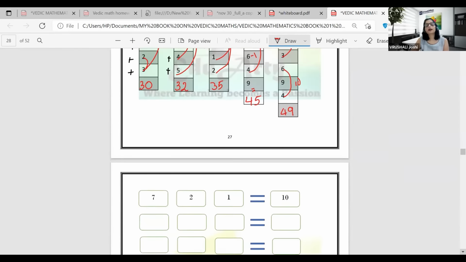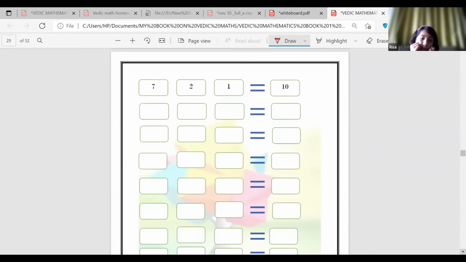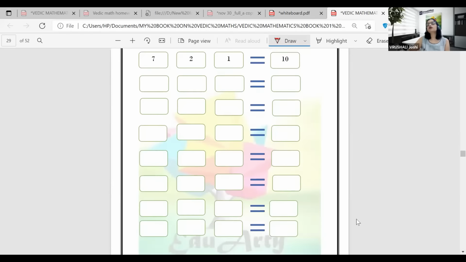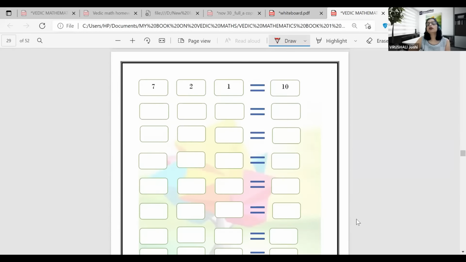Yes. Now, in your textbook, there is this page. Okay? I want you all to fill this with the combination of 3 digits of 10. The rule here is, like I wrote here, 7 plus 2 plus 1 is a 10.